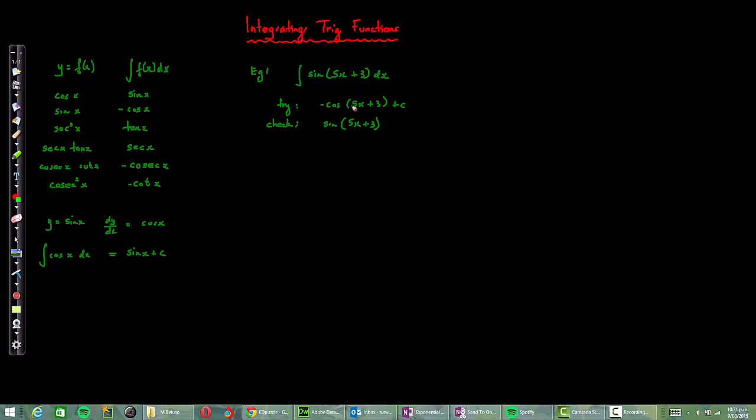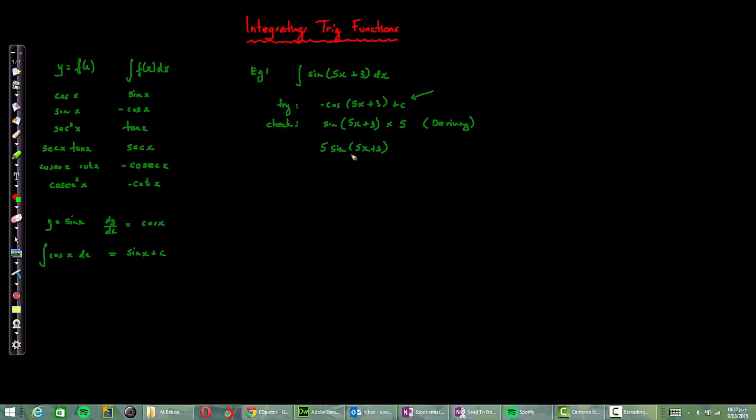But since we're deriving, we're using the chain rule, so we derive by what's inside here. Remember, here we are checking by deriving what we think might be our answer, and this comes out to 5 sine 5x plus 3.